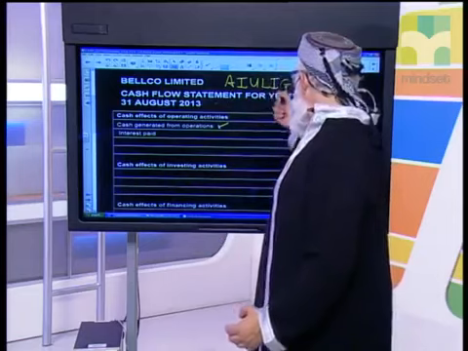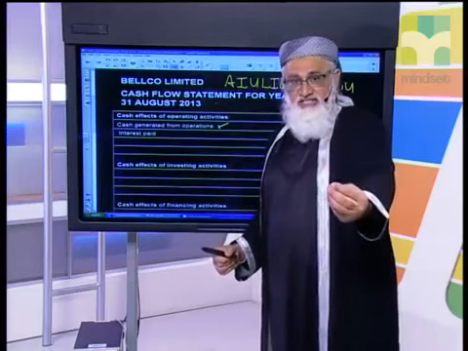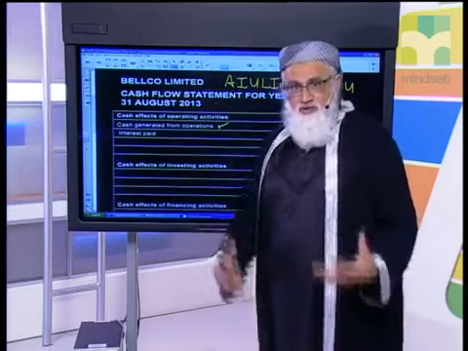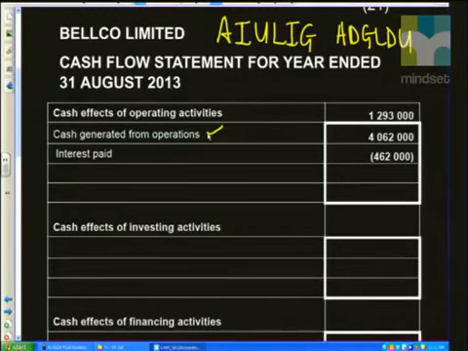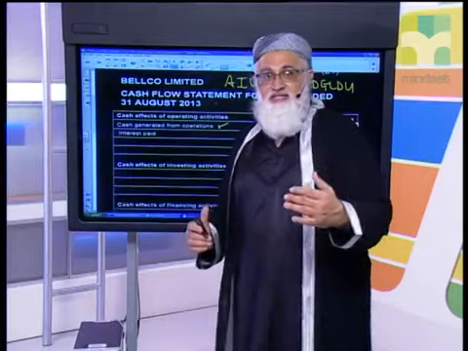When a liability increases in value, we are generating funds. Remember, the cash flow is about the flow of cash in and out of a business. The second one, the French one, ADGLEDU: when an asset decreases in value, we are generating cash, and when a liability decreases in value, we are utilizing cash.